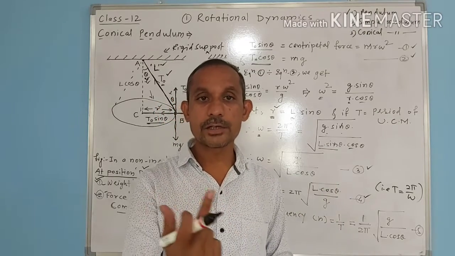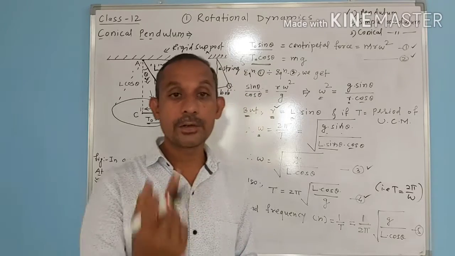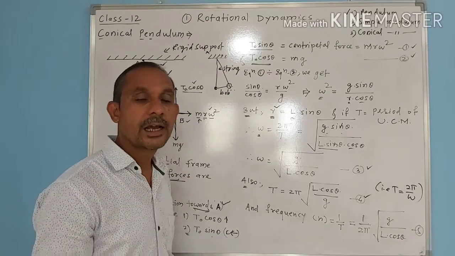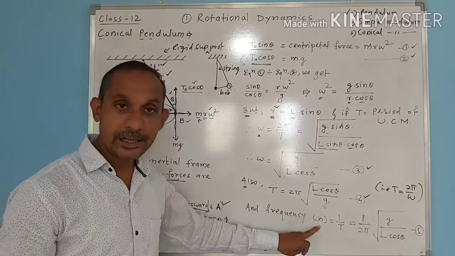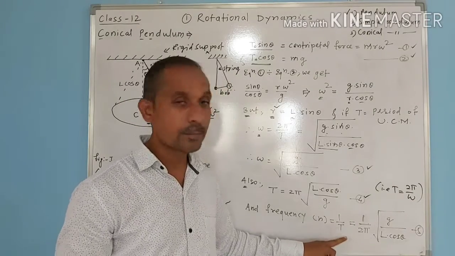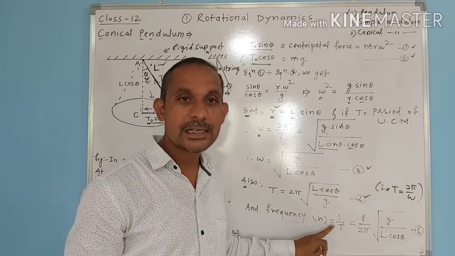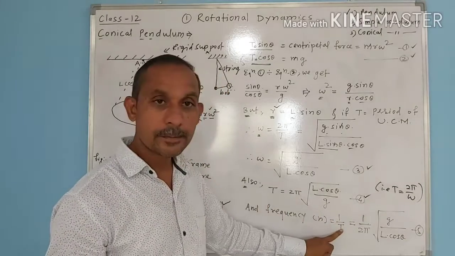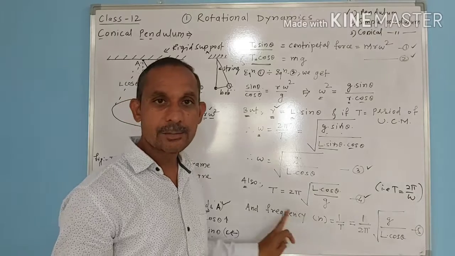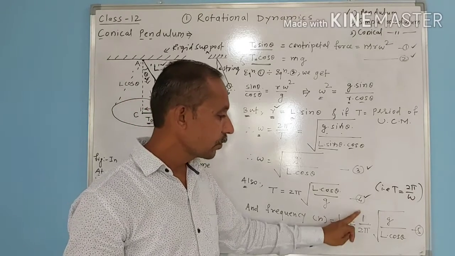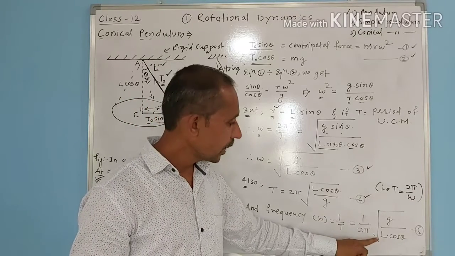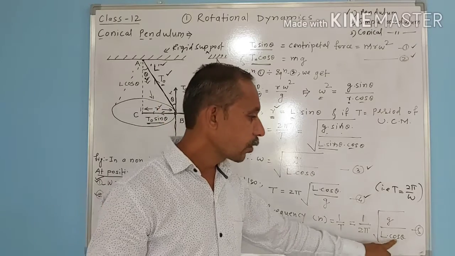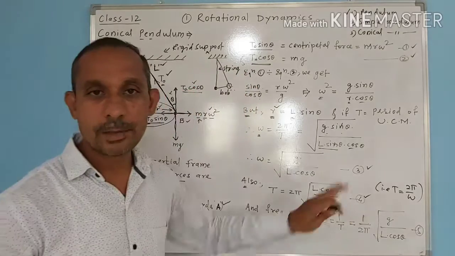It is indicated by n, and it is always the reciprocal of the periodic time. So n is equal to 1 upon T. Placing the value of T here, we finally get the frequency n equal to 1 upon twice pi under root of g upon L cos theta. This is the last equation, number 5.